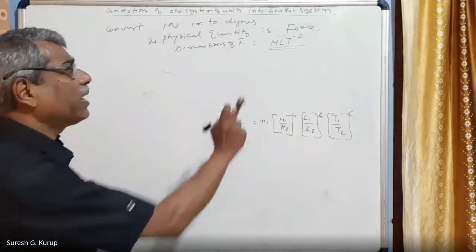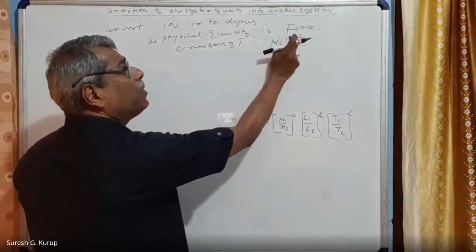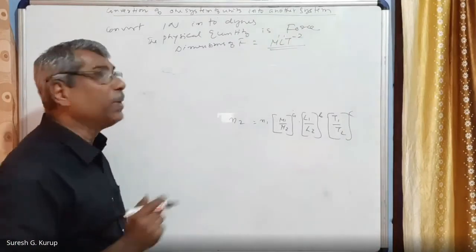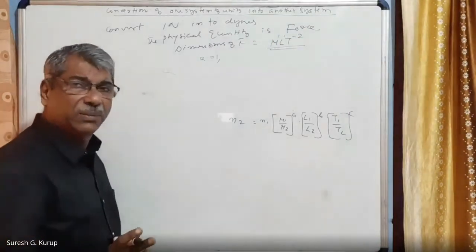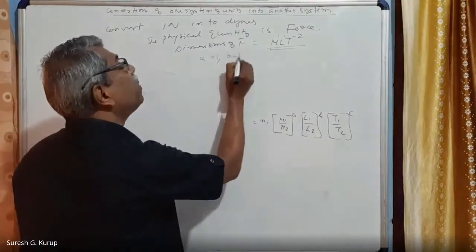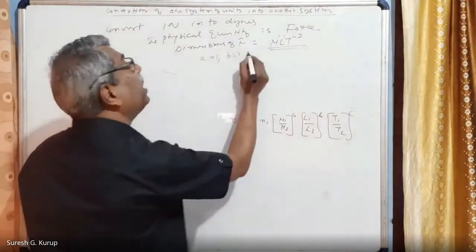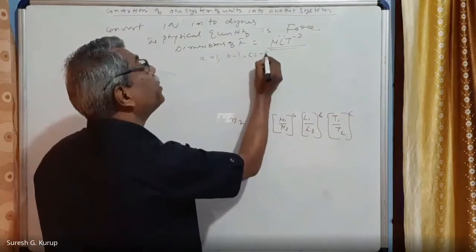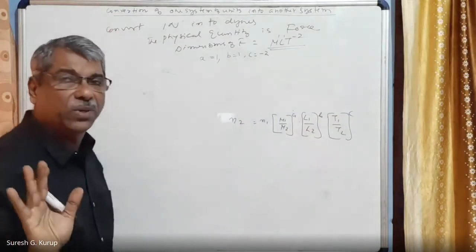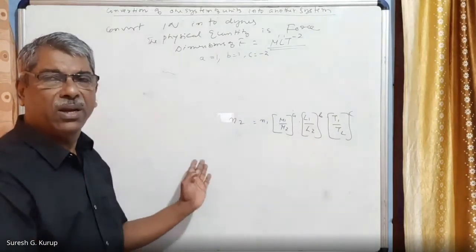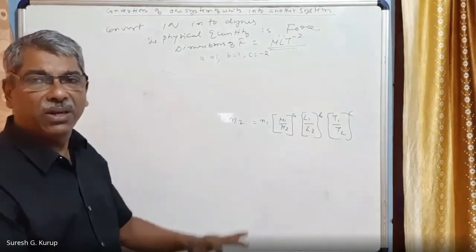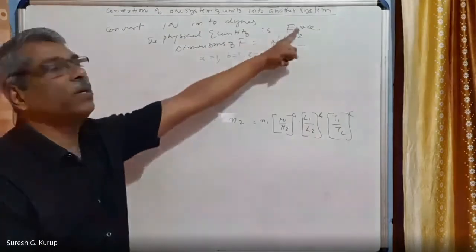Okay. Then you will write the powers of the mass, length, and time, that is what you have written. That is, in this case, a is equal to 1. That is simple. And b is also equal to 1. Powers. And c is equal to minus 2, you will write. Up to this much, you will write first. Okay. So when you write a question for converting a unit from one system to another, first of all, identify the physical quantity.